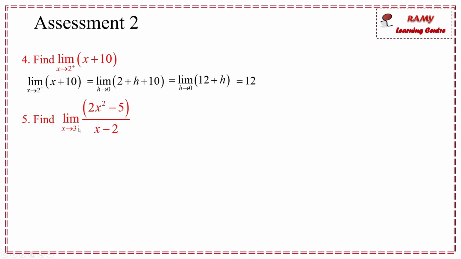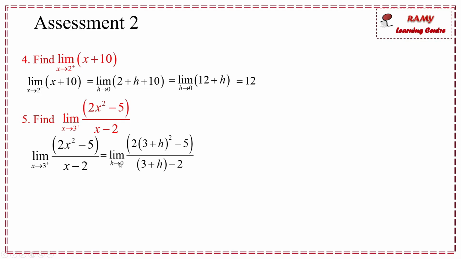Find limit x tending to 3 plus of 2x squared minus 5 divided by x minus 2. So this is equal to limit h tending to 0 of 2, in the place of x you should write 3 plus h. So 2 into 3 plus h the whole squared minus 5 divided by, here again you have 3 plus h minus 2. Simplify this. Use the formula a plus b the whole squared here.